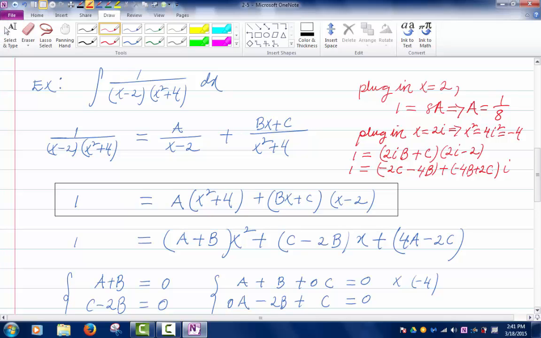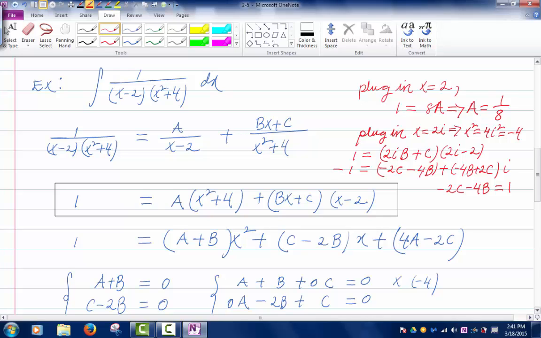So you're going to collect the i terms and the terms without i. From there, what do you get? You'll get negative 2c minus 4b. That's the real part, right? That's the real number. It doesn't have any i, so that real number would equal the left-hand side, 1.